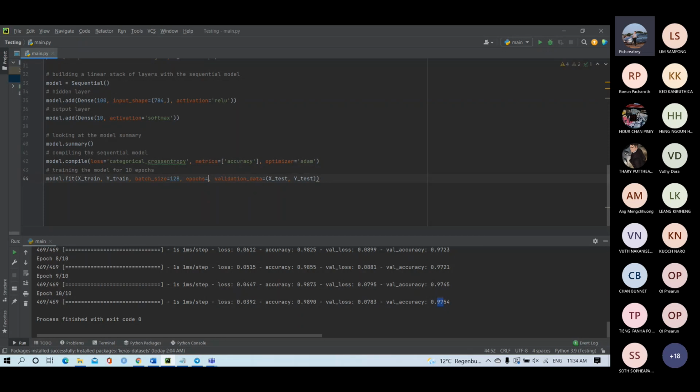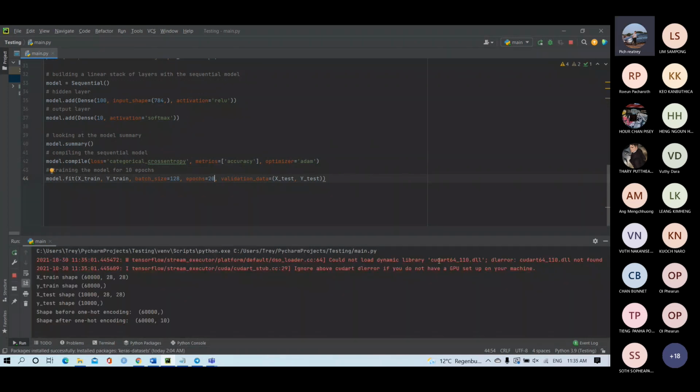For example, if I increase to 20, it means that I increase the population to 20. So what is the result? Let me check.